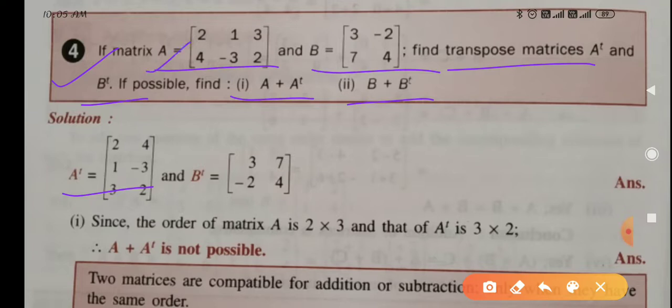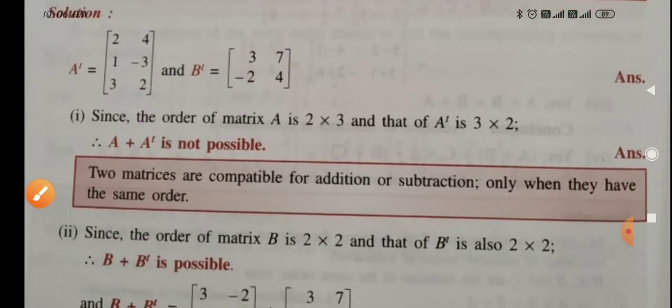A matrix is given, you convert rows into columns, columns into rows. So A T equals 2 1 3, 4 minus 3 2. This row you have made column, this row second column. In the same way for B dash, first row first column, second row second column you have converted. So you have found the transpose like this.